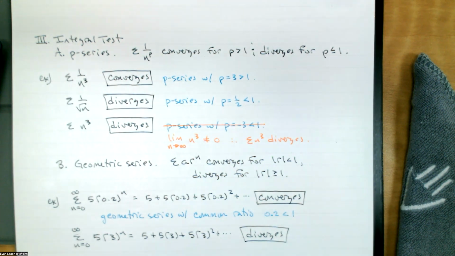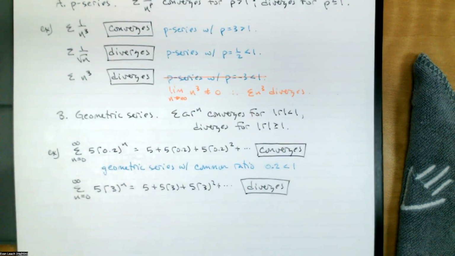This series 5 times 3 to the n is geometric with a common ratio of 3, which is greater than 1. But this also means that the terms don't go to 0.